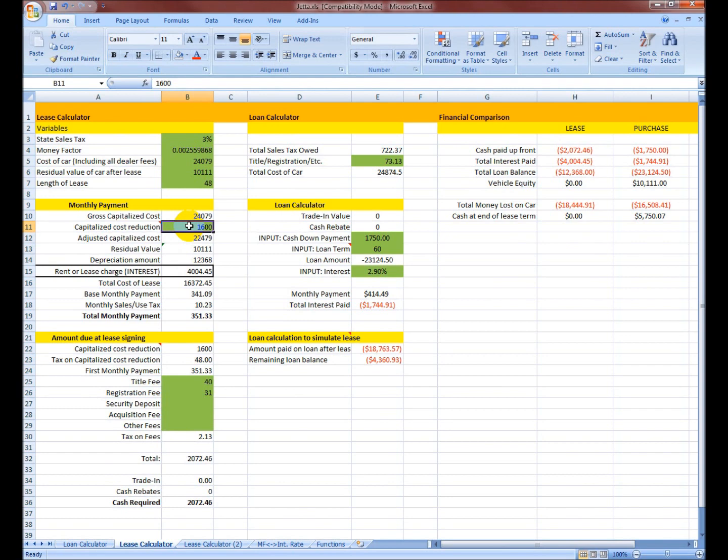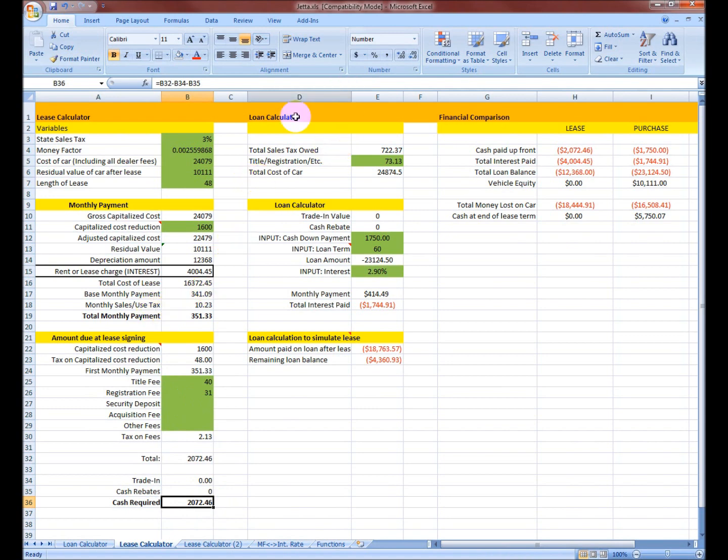If this is close enough, then going to the bottom part, we need $1,600 down in order to get our monthly payment to $350. But we also have to pay taxes on that, and as part of a lease you end up paying your first monthly payment, your title and registration, so your total cash required would be almost $2,100 in order to get to that $350 a month.